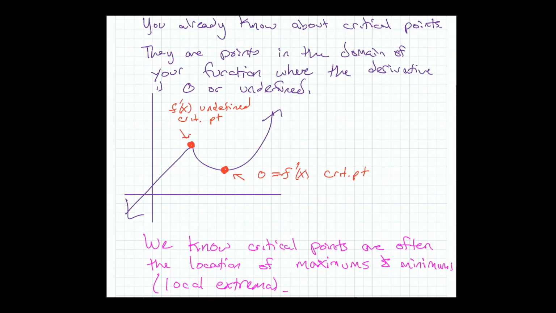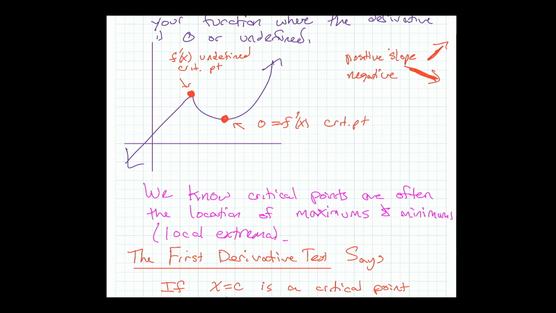This picture is fine. Remember that a positive slope, what's that look like? Positive slope is up to the right, and negative is down and to the left. So if you just label this graph here, right here, the slope is positive, right? And then right here, the slope is negative, and then right here, the slope is positive again.